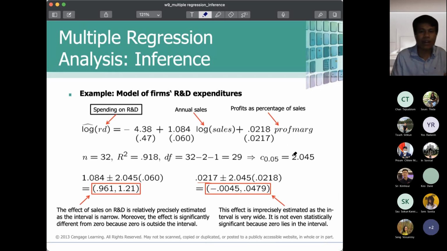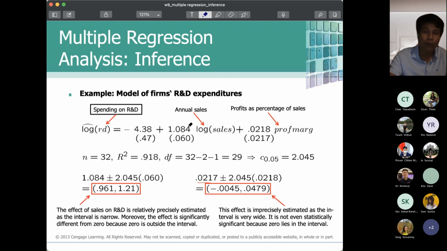The model is for firm expenditure, the effect of sales on spending on R&D or whatsoever. So here we have our model: log of R&D, spending on research and development, log of annual sales, and profit as a percentage of sales. Then we have the intercept, right?